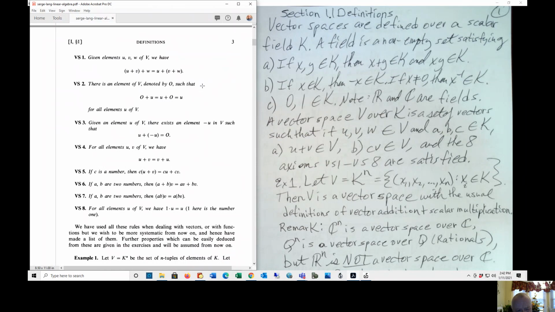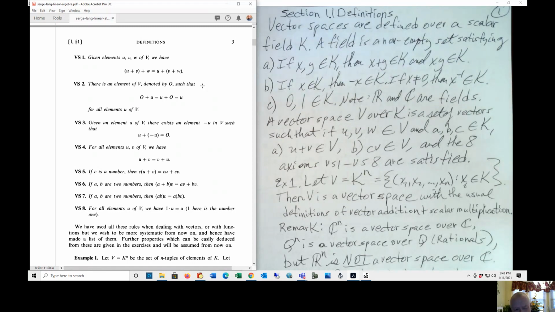And then 5, 6, and 7 are the distributive properties. Distributive property over addition and over scalar multiplication. c times (u plus v) is cu plus cv. And then if you have 2 scalars, (a plus b) times v is av plus bv.